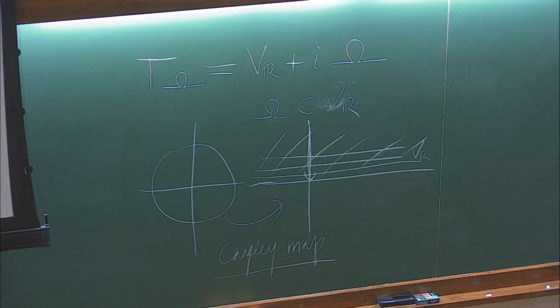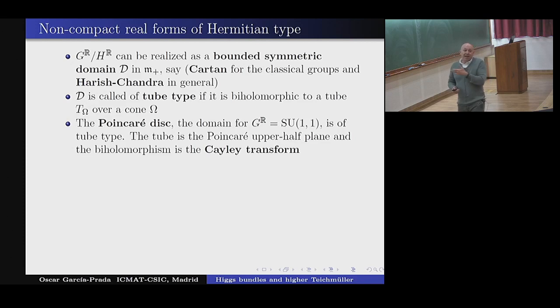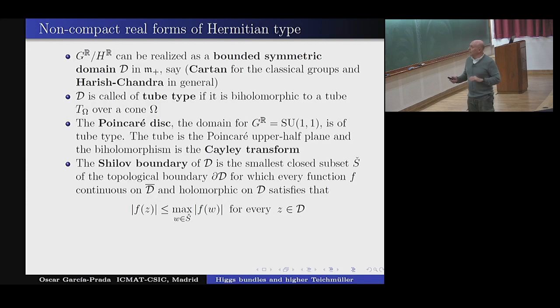And so the tube type domains are those that admit this kind of realization, for which there is an upper half plane, right? One characterization of when this is possible is given in terms of what is called the Shilov boundary of the symmetric domain. This Shilov boundary is just a part of the topological boundary, generally just a piece, not the whole boundary.